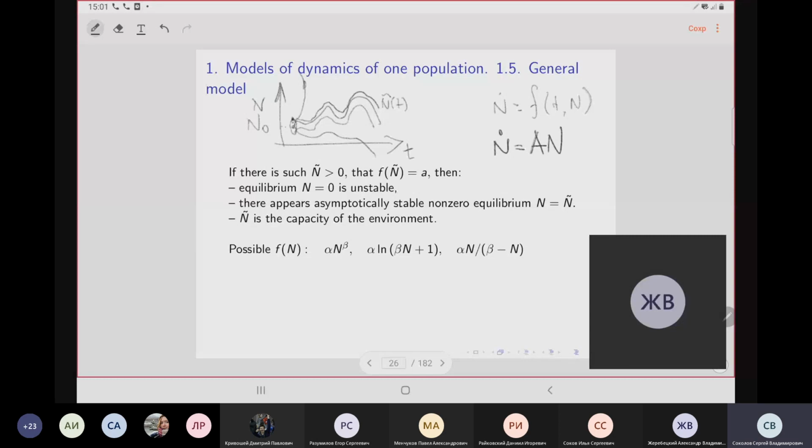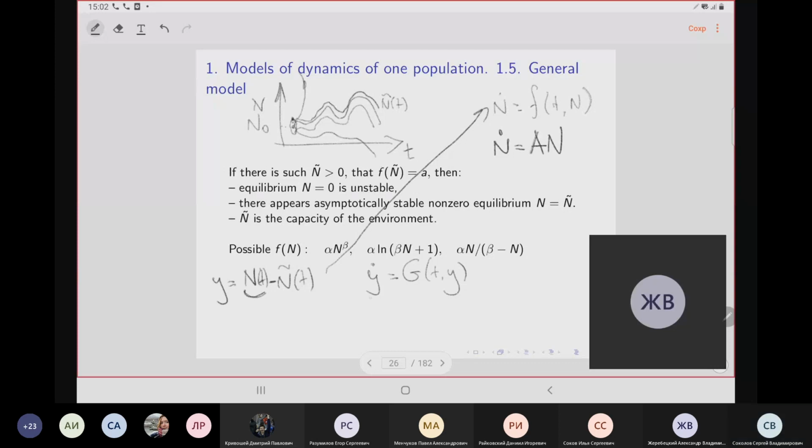First of all, if we have some fixed solution that we want to analyze, for example n tilde of t, we can make a variable change. For example, y is n minus n tilde. Then we substitute n with y in this equation, and we get another equation: y dot is g of time and y.